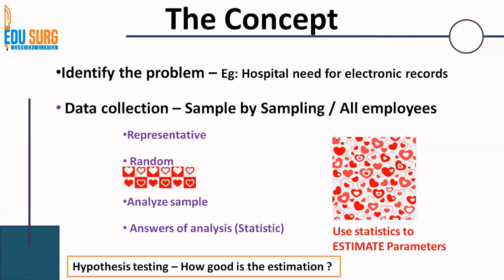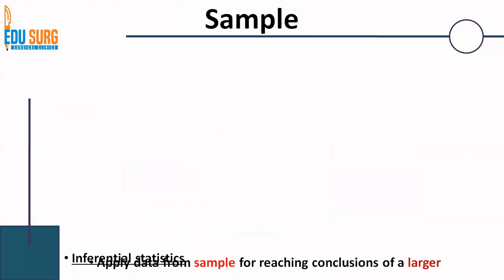What this test basically tells is how good the estimation is, that is, how accurate the statistic is as a measure of the parameter. And this is basically inferential statistics. I hope you are clear with the concept. All these terms we are going to discuss in detail in future.